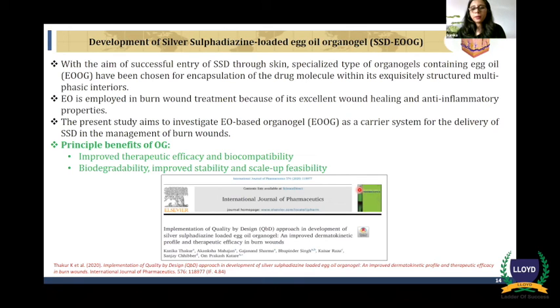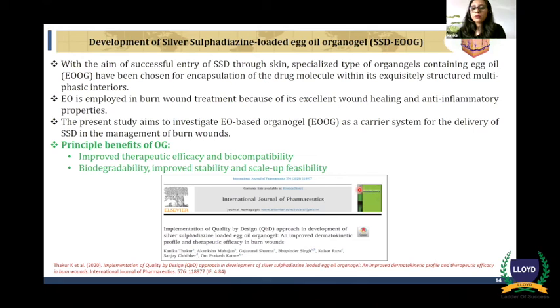However, the problem was, again, as I went through a number of Cochrane studies as well as systematic reviews, it might appear that there are so many silver sulfadiazine formulations available in the market, so what's the point in working on this molecule for topical drug delivery?